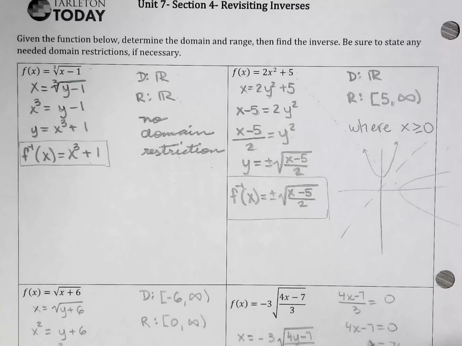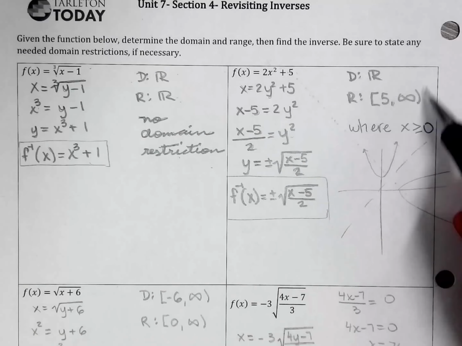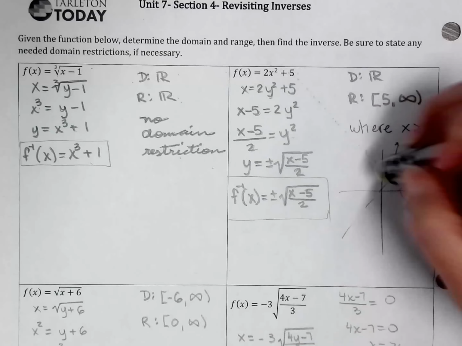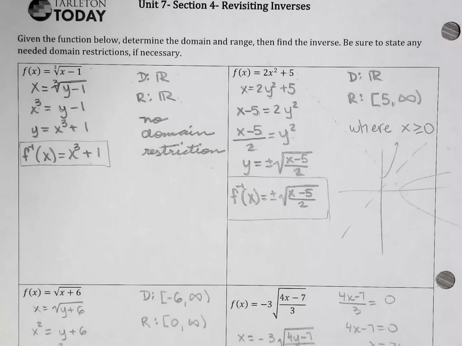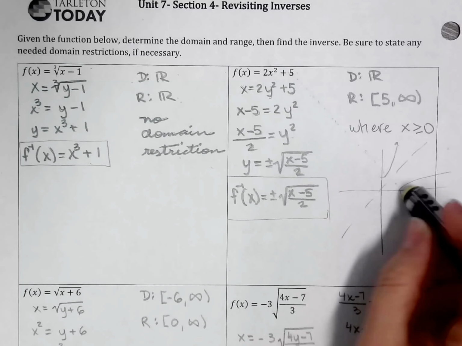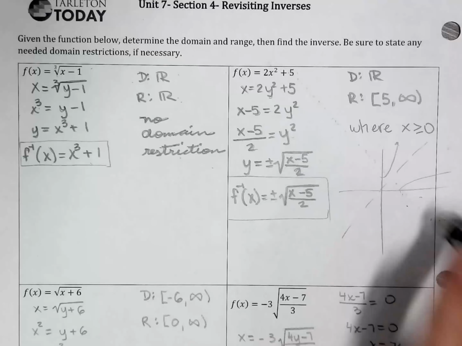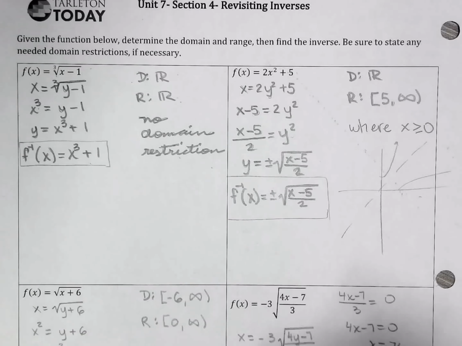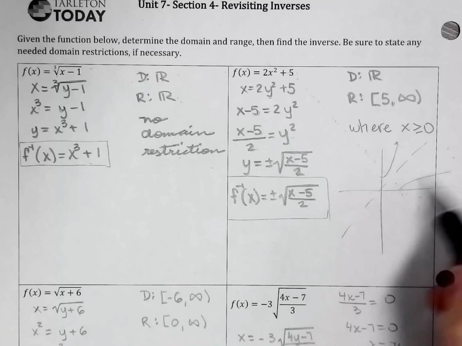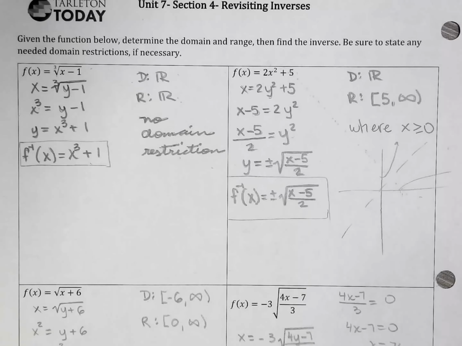That's the inverse, okay? But if I'm restricting the domain from the beginning, I'm only using this part of the quadratic function. That means when I'm coming up with the answer, I'm only going to use this part of the radical. So you can leave it like this, but you know, when you graph, it just looks a little weird.